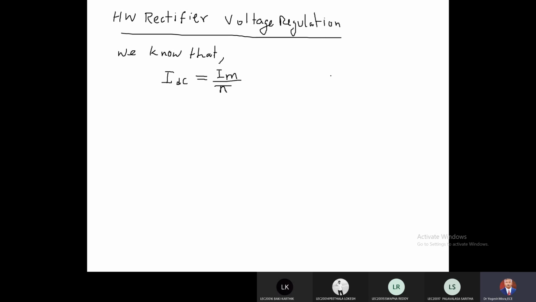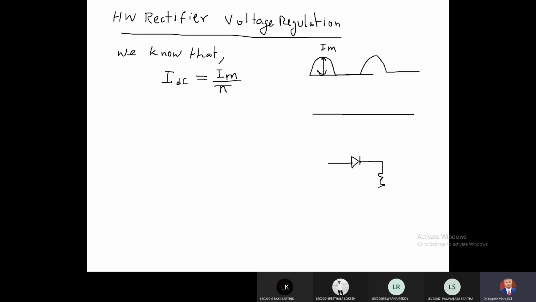Now, see what this Im is. In a rectifier, suppose this is a half wave rectifier.